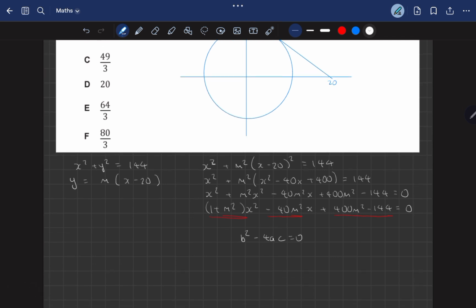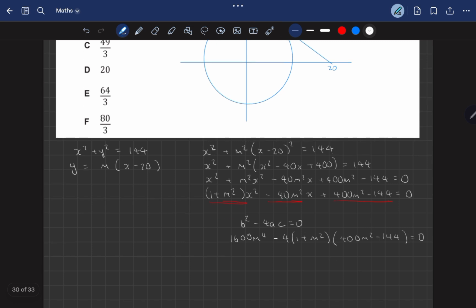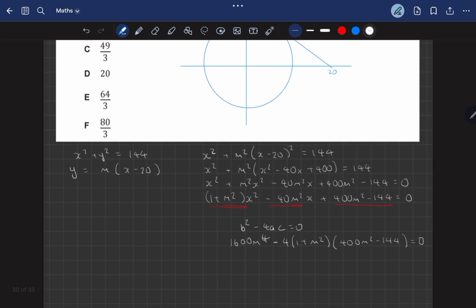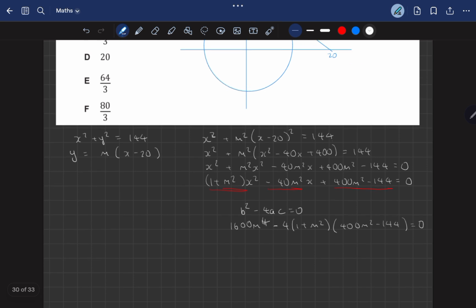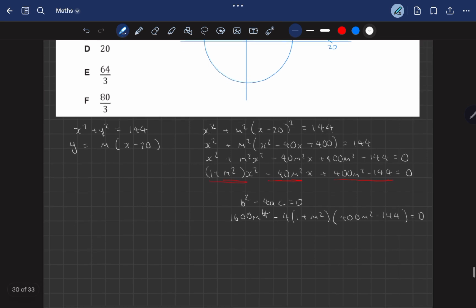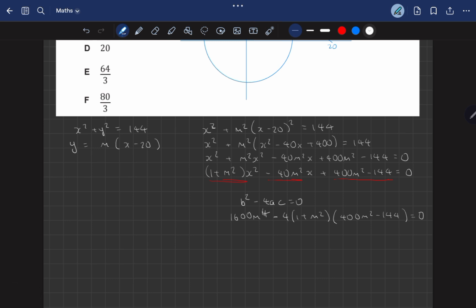b squared is going to be 1600 m to the 4, minus 4 times (1 plus m squared) times c, which is 400 m squared minus 144, is equal to 0. Okay, now I understand this is very messy, but we can heavily simplify this. Let's first divide everything by 16.